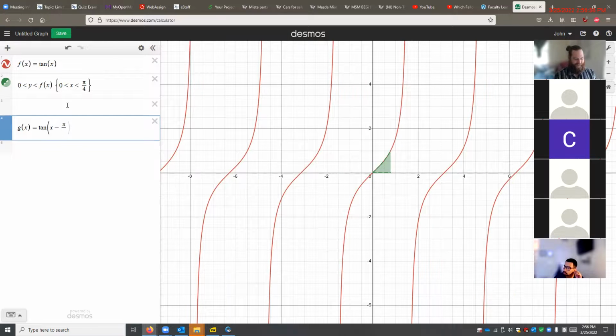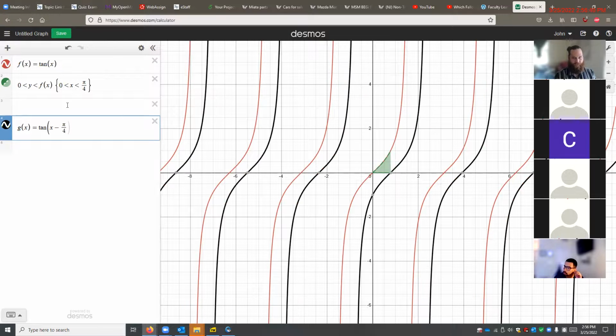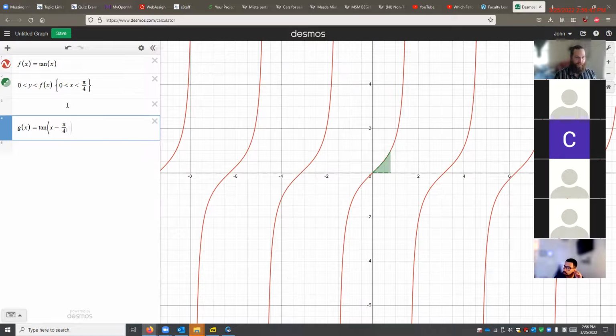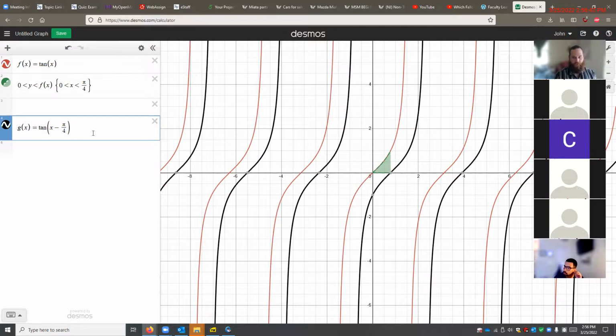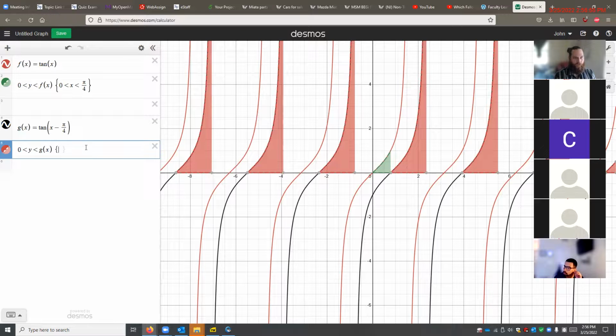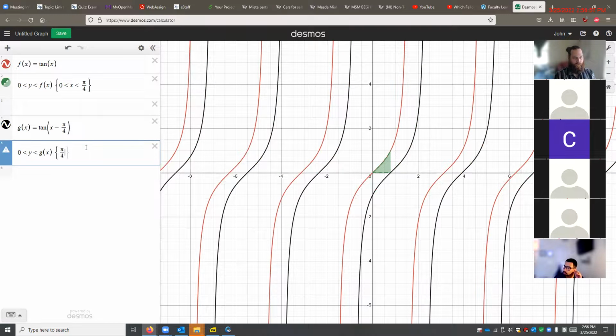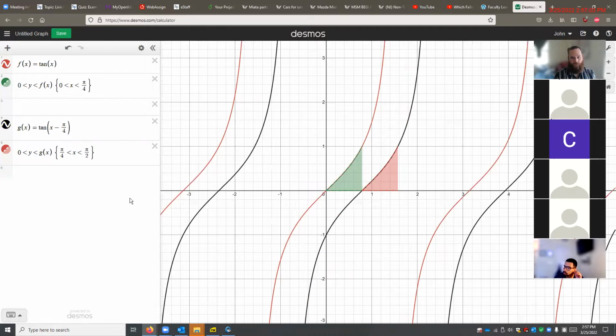Oh, that's going to get cluttery, isn't it? How about here? So what if I shift the whole function to the right by pi over 4? Notice I only set these to match colors, right?